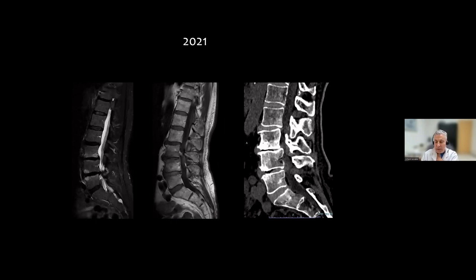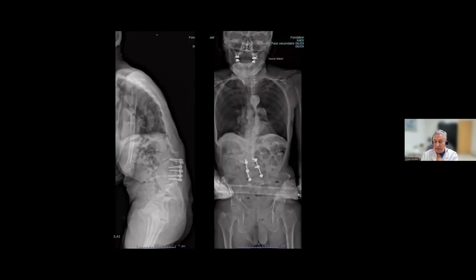In 2018, he went back to him and said, I have severe pain and I'm starting to have some claudication. And the surgeon decided to do a laminectomy and fusion. The only thing that had been underestimated is that this patient is a Parkinson patient, and this was the result after laminectomy and L3 to L5 fusion.